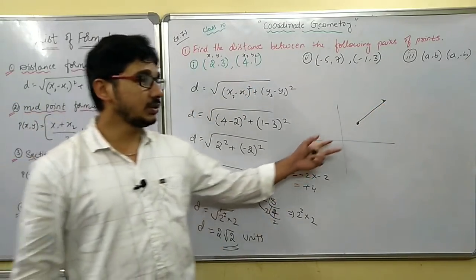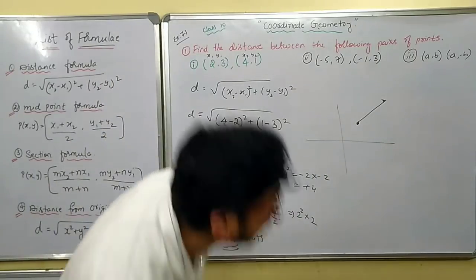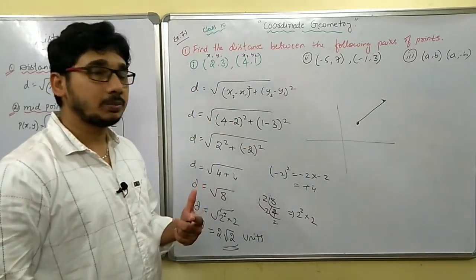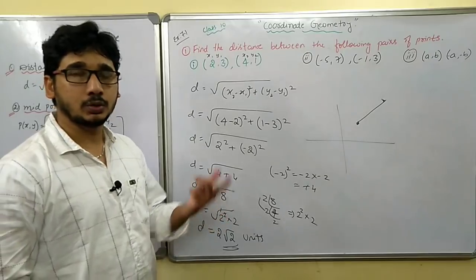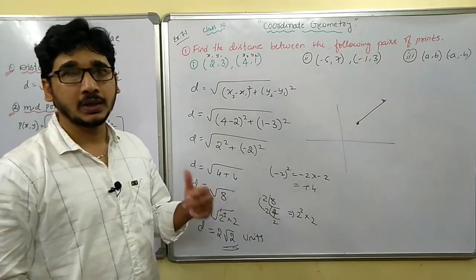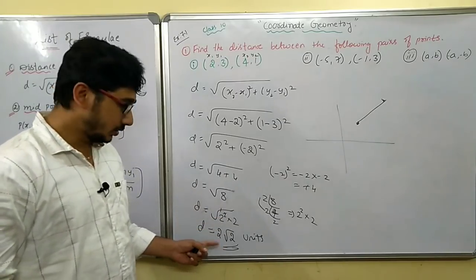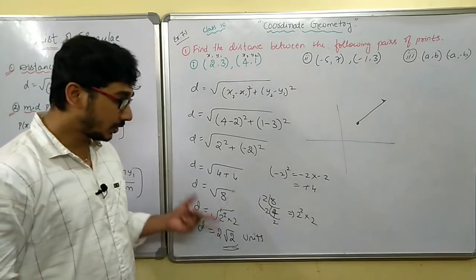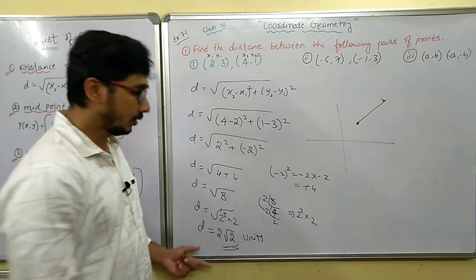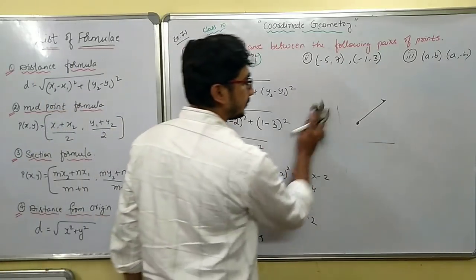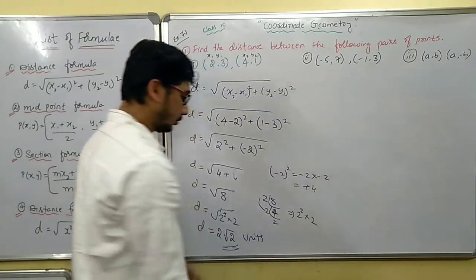This whole graph I have explained in the introduction part. What is the distance between the 2 points? Everything I had told in the introduction. Once you have seen that, there is no need to explain here what is the meaning of 2 root 2. You can imagine that. So that is the reason I'll erase this. Hope you understood very well.